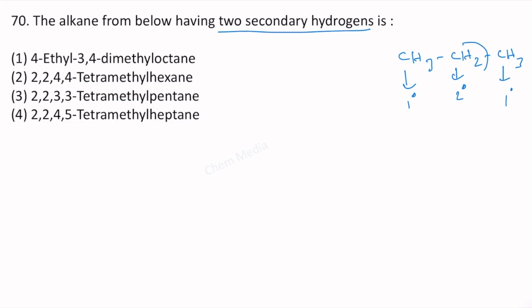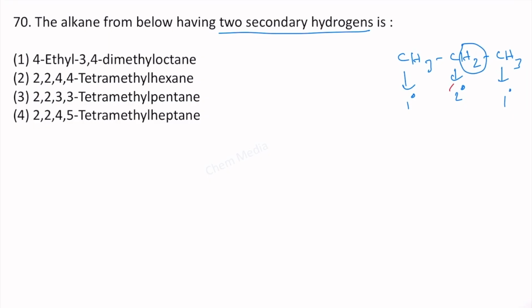These 2 hydrogens we can consider as secondary hydrogen. Now, why this carbon atom is secondary is because it is directly connected to 2 other carbon atoms, whereas the end carbons are directly connected to only 1 carbon atom, and that is why the end carbons are primary and the middle one is secondary.